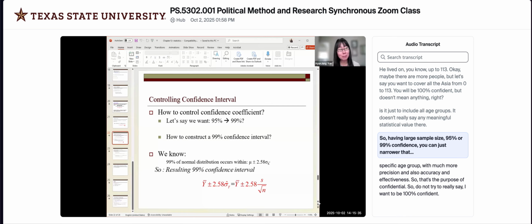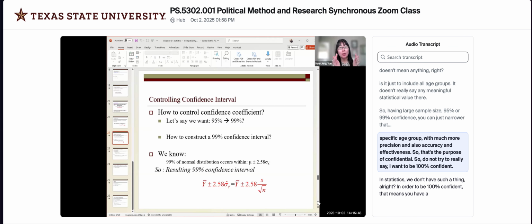So with a large sample size and 95% or 99% confidence, you can narrow down to a specific age group with much more precision, accuracy and effectiveness. So that's the purpose of confidence interval. So do not try to say, I want to be 100% confident.